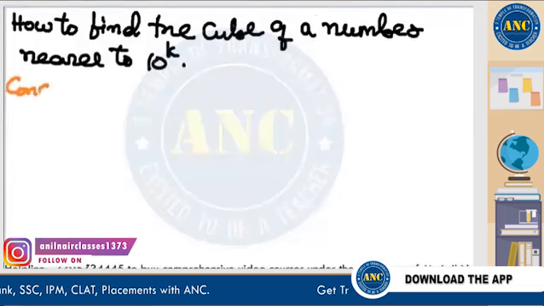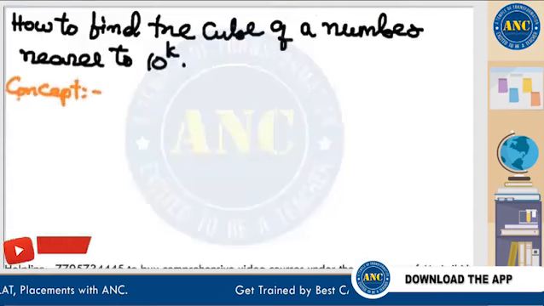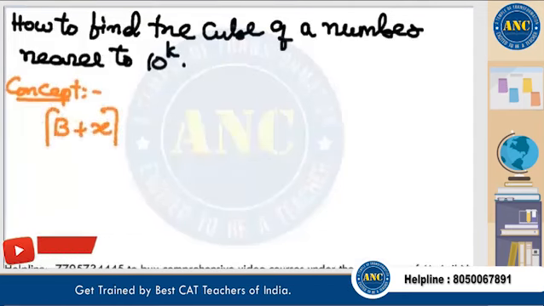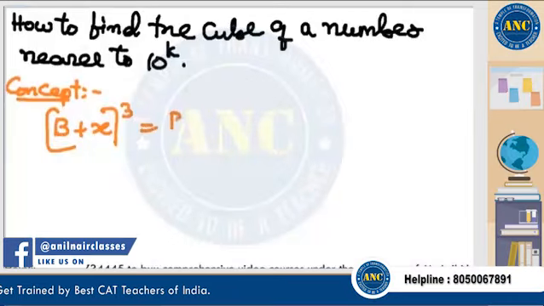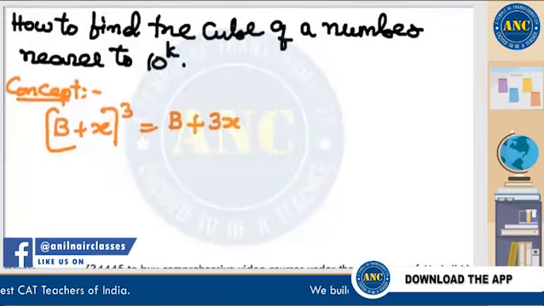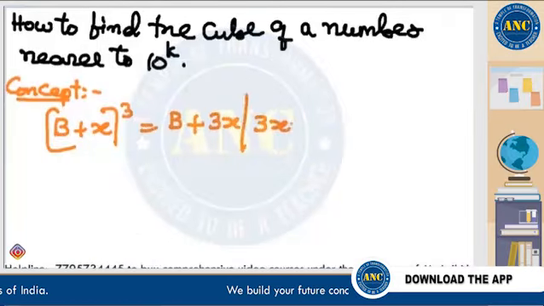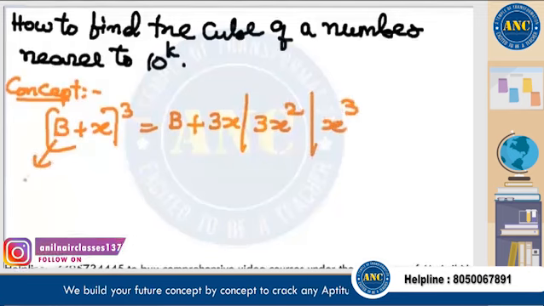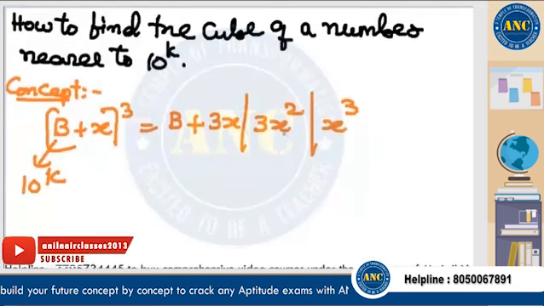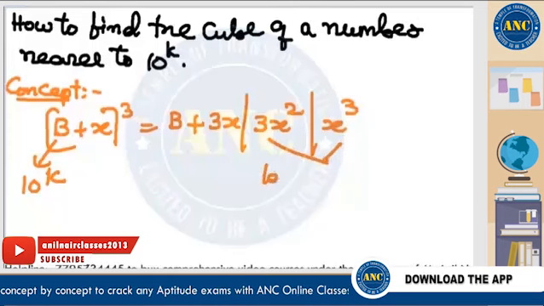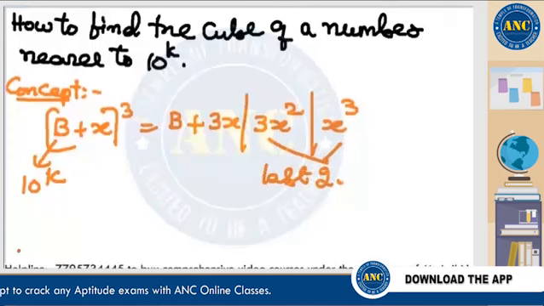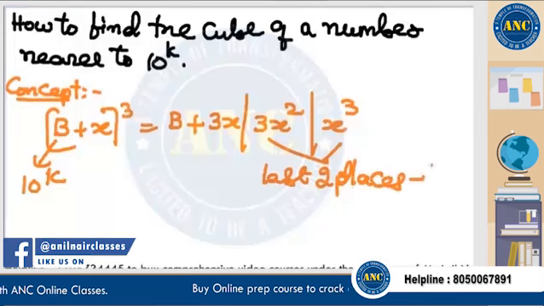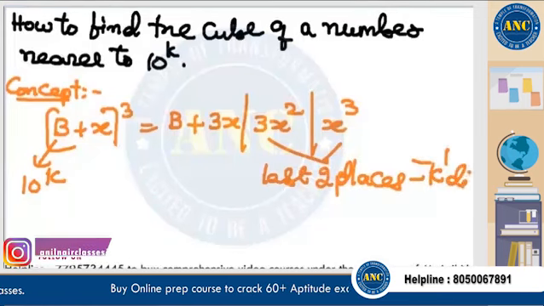First concept. b plus x whole cube is b cube plus 3b square x plus 3b x square and x cube. b is of the form 10 power k. Last two places has k digits.